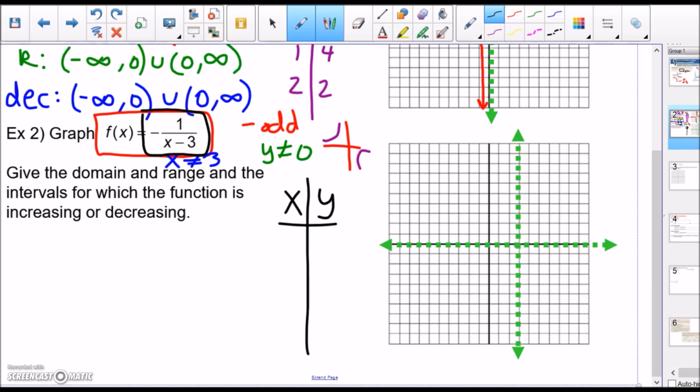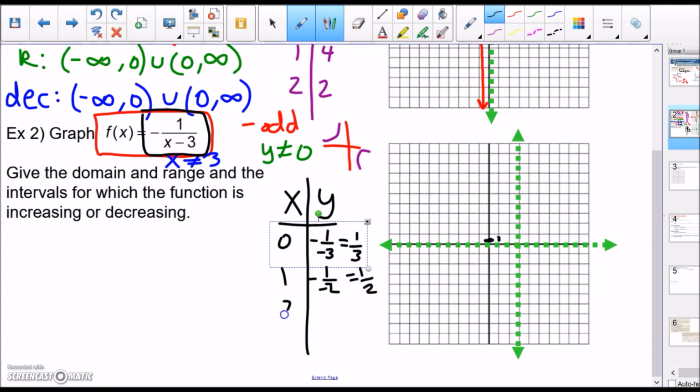Let's say we plug in 0. The function would say negative 1 over 0 minus 3 is negative 3. That's 1/3. 0, 1/3 is right there. Let's plug in 1. You'd have negative 1 over 1 minus 3 is negative 2, so that's 1/2. 1, 1/2 is right there-ish.